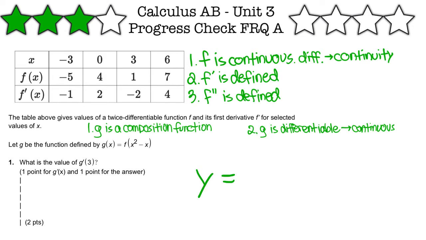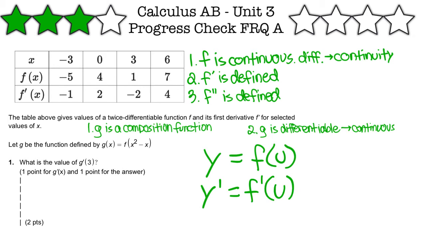Suppose y is equal to f of u of x. Basically, I'm saying y is equal to g and u is equal to x squared minus x. Therefore, y prime, the derivative of y, is equal to the derivative of f, the derivative of the outside, leaving the inside the same. So f prime of u times the derivative of the inside, which is du dx, or u prime of x.